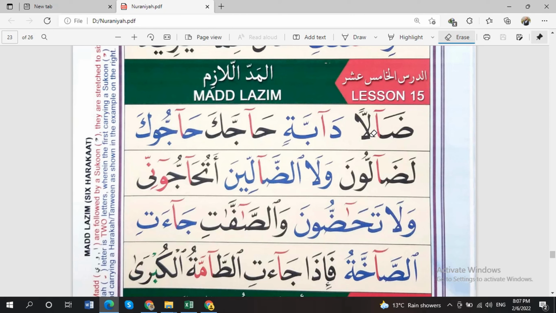So lam sukoon is coming after alif madda here, because you see alif, and before alif we are having fatha. So that makes alif madda. So we are having alif madda, and after that there is lam with sukoon sign. So we have to do al-Maddah Lazim. So we are stretching that alif for 6 seconds. Right? Dallan. Like that. Next one.